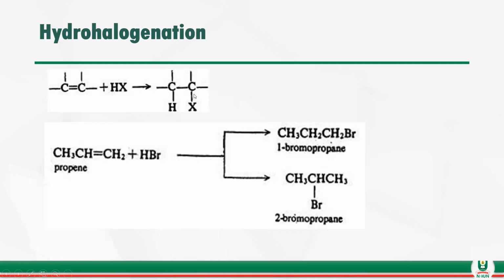However, in hydrohalogenation, in hydration, and so many other reactions, when we work with symmetrical alkenes, it simply means that when you bisect at this point, what you have at this end and what you have at this end are going to be the same. So when you have a symmetrical alkene, you don't have a problem with hydrohalogenation.